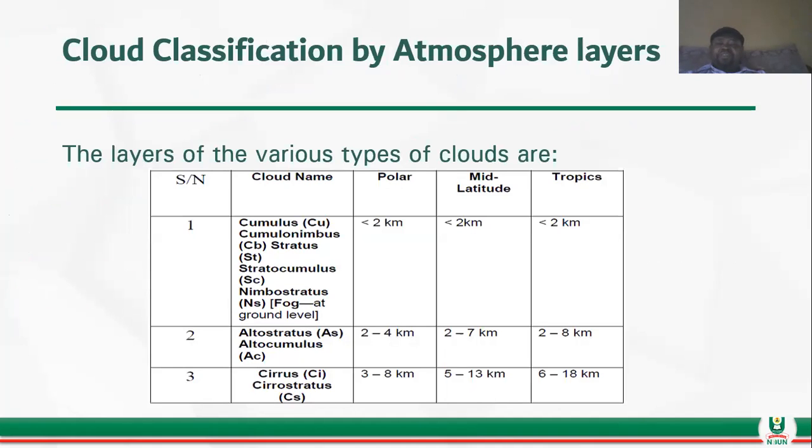So there are different classifications of cloud based on atmospheric layers. One of them is cumulus, abbreviated as CU, or cumulonimbus, abbreviated as CB.